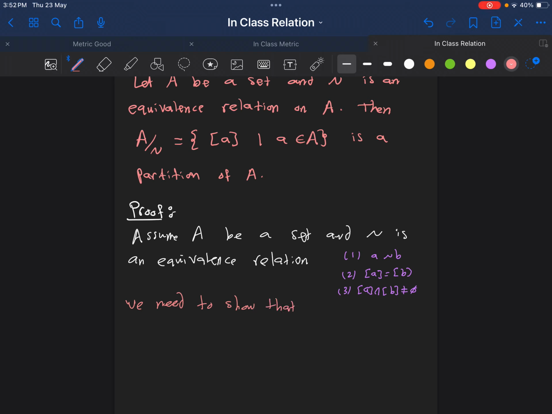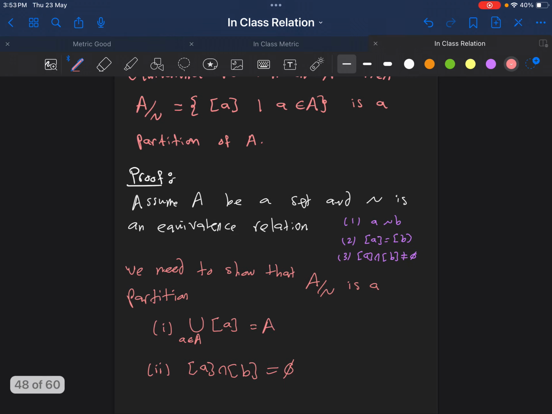Now, what we need to prove, we need to show that A mod tilde is a partition. Now, just to remind you what a partition is, partition means those sets here, if we take the union, we get A. So we need to show exactly, first, that the union of all equivalence classes, all of them, is equal to A. Second, if we take any two different equivalence classes, the intersection is empty.